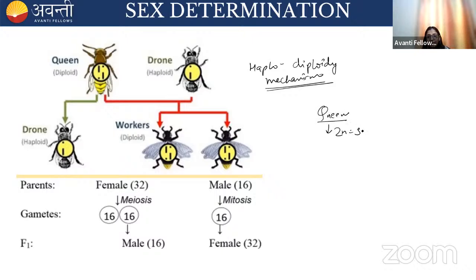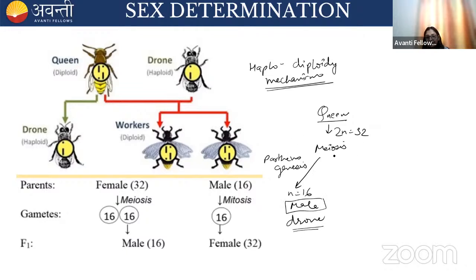The queen has 2n equals 32. This will undergo meiosis and will produce eggs. If the egg, without fertilization, through parthenogenesis, is converted into the offspring, in the case of bee, they are male and they are known as drones.